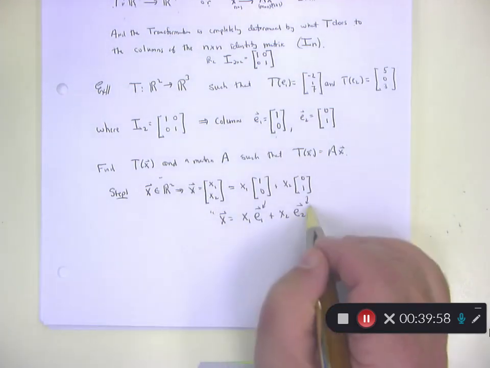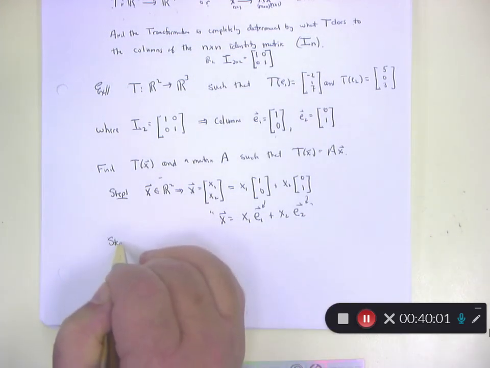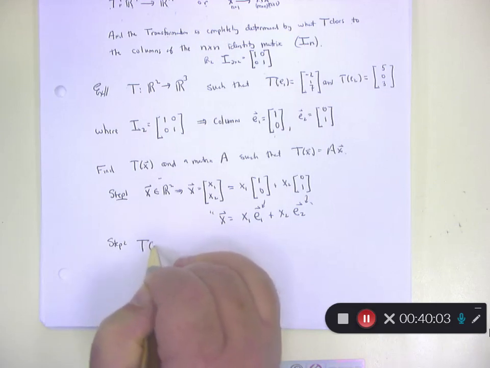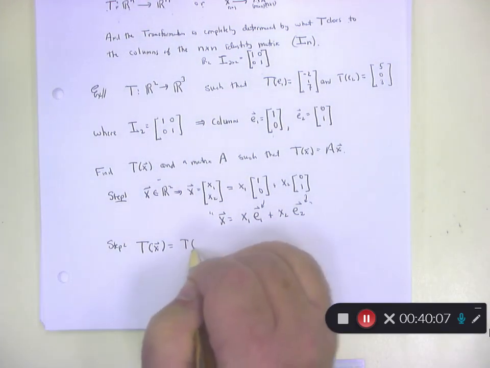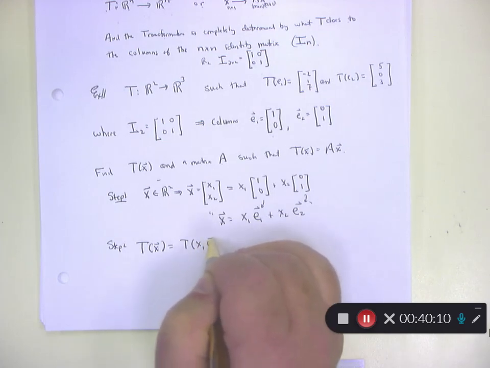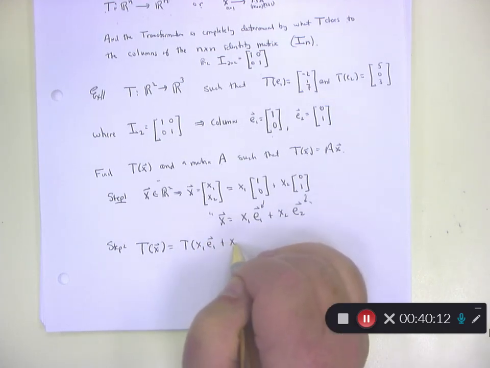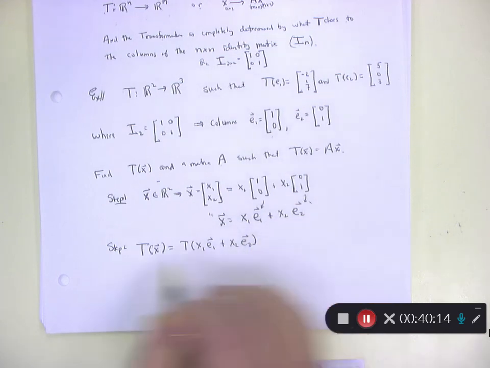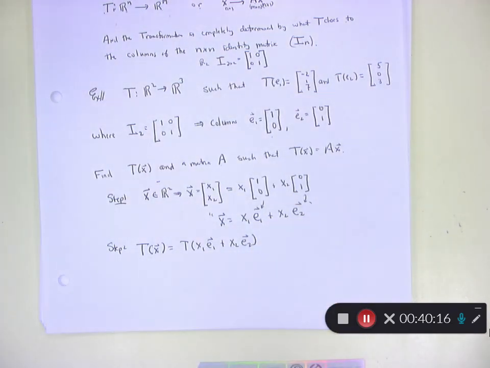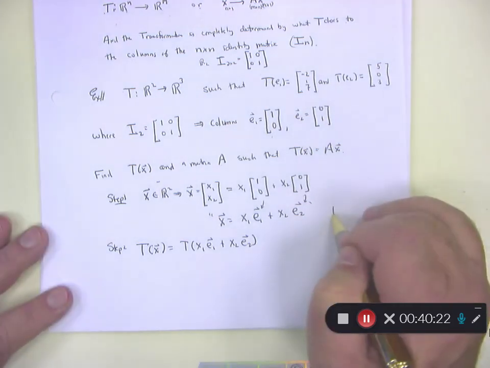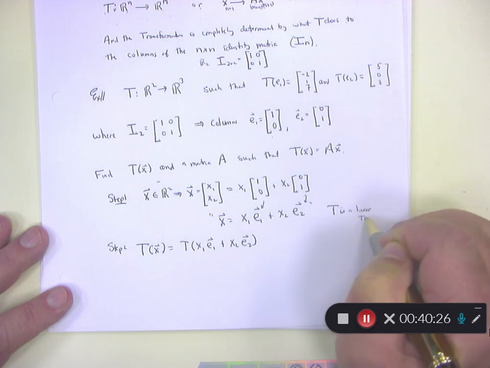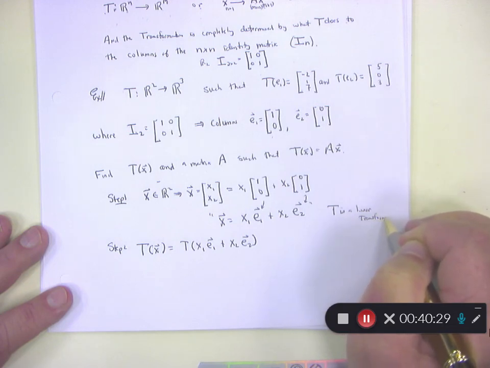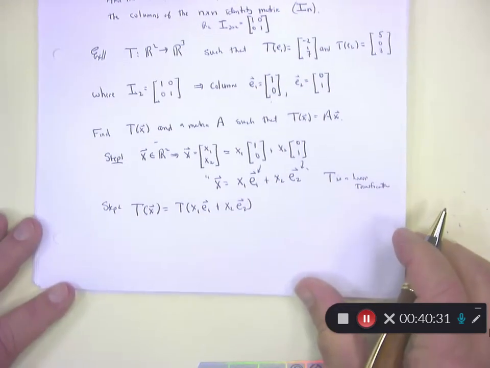Once you've written it like such, here comes your step 2. Take T of x. What would that be equal to? Well, that would be T of x1 e1 vector plus x2 e2 vector. That's just substitution. Here's the important part. T is a linear transformation. What does that mean?